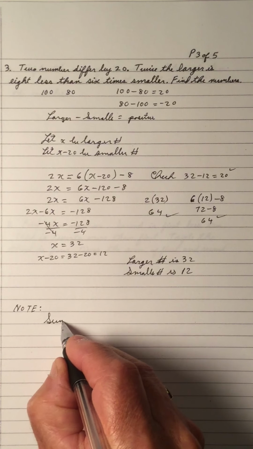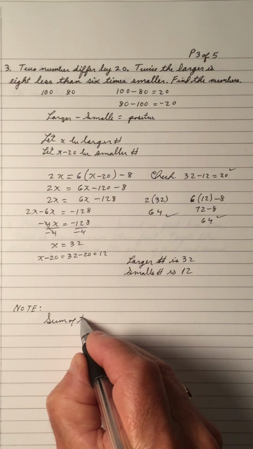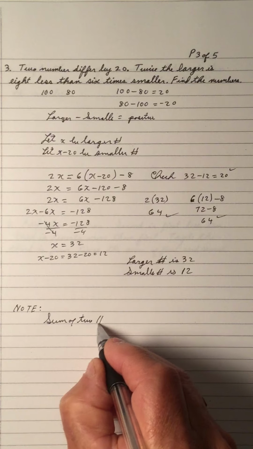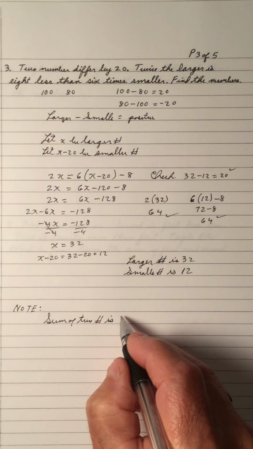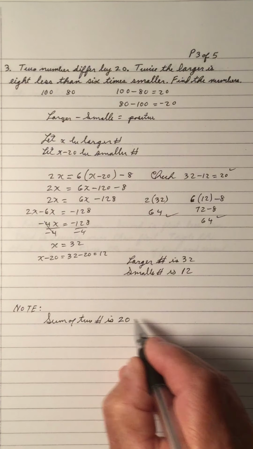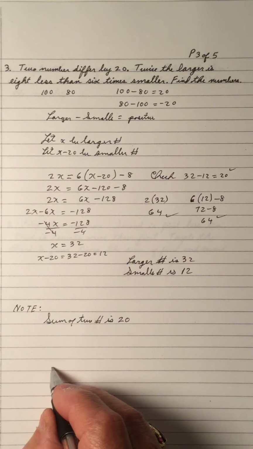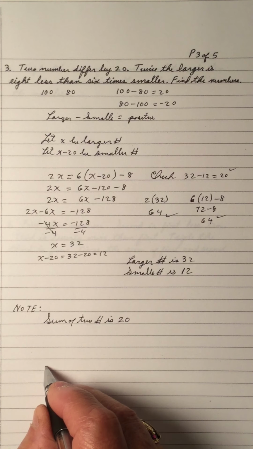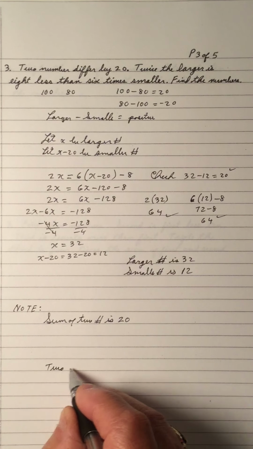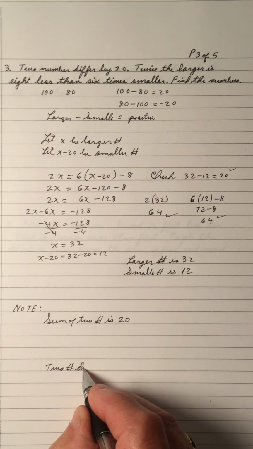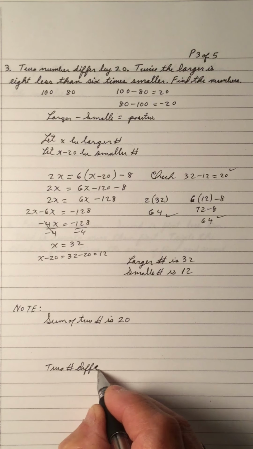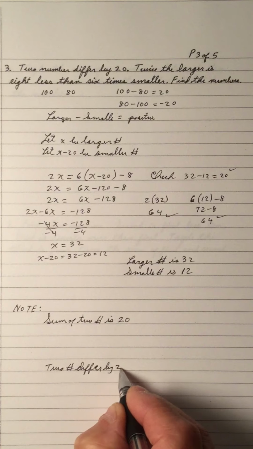The sum of two numbers, let's say the sum of the two numbers is 20. Let's look at two numbers differ by 20. Let me explain it.